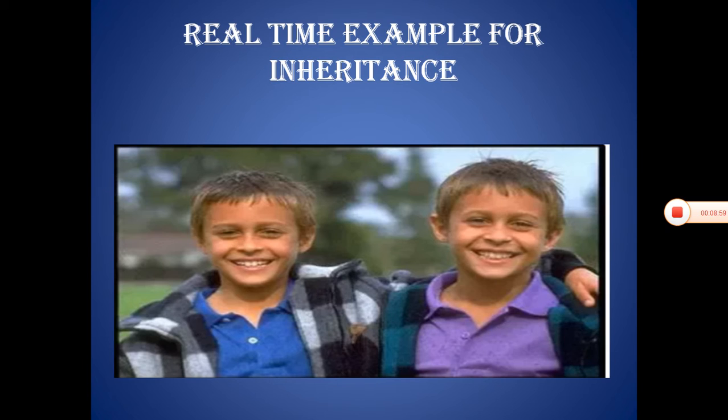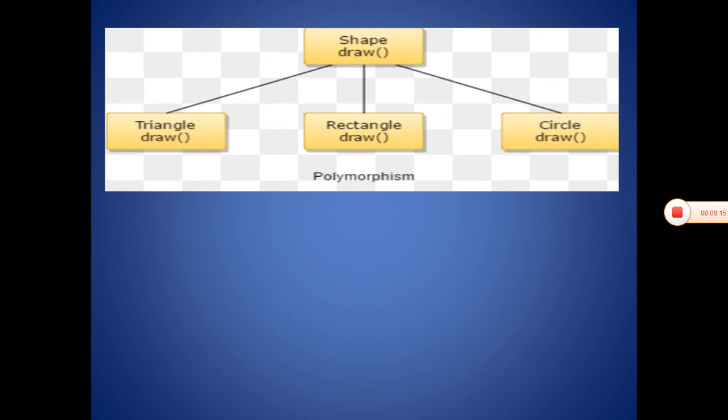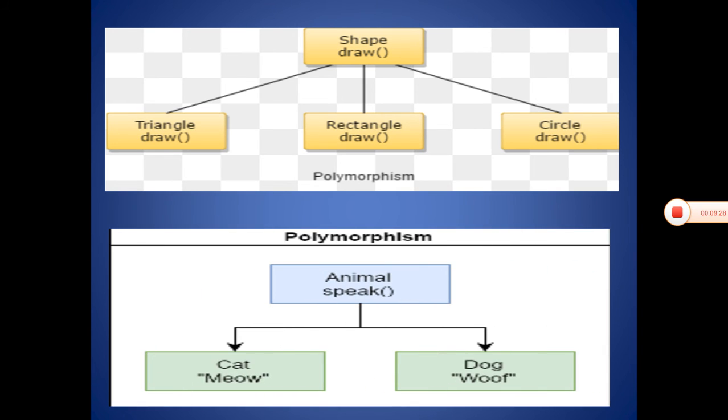You can see here, they look the same, but the expressions are different. These are twin brothers who look alike, but they hold different characters. And here is another example. Triangle, rectangle and circle are identified by the shape. Shape is one name which we use in many ways. This is another example.